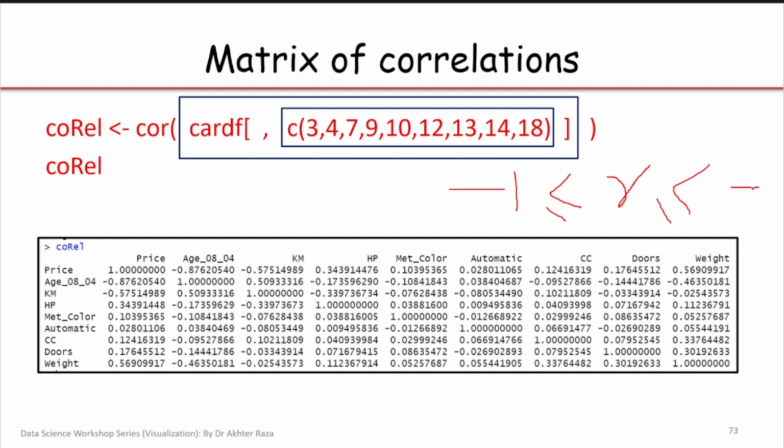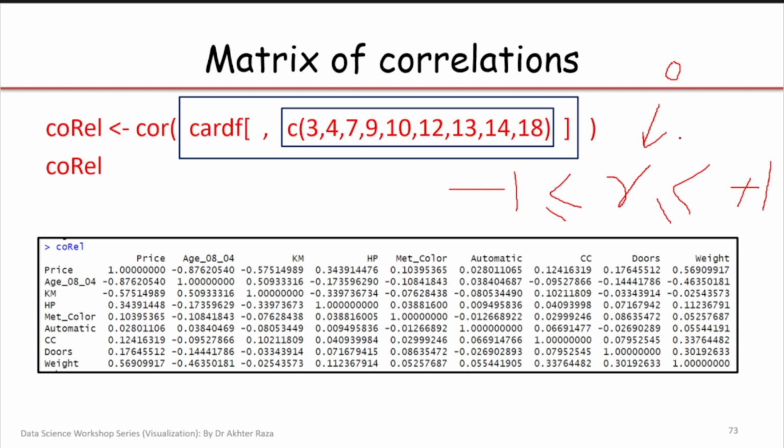-1 to +1. -1 is a very strong correlation. +1 is also a very strong correlation. And if we have a correlation around 0, we call such correlations negligible correlations, or insignificant correlations.